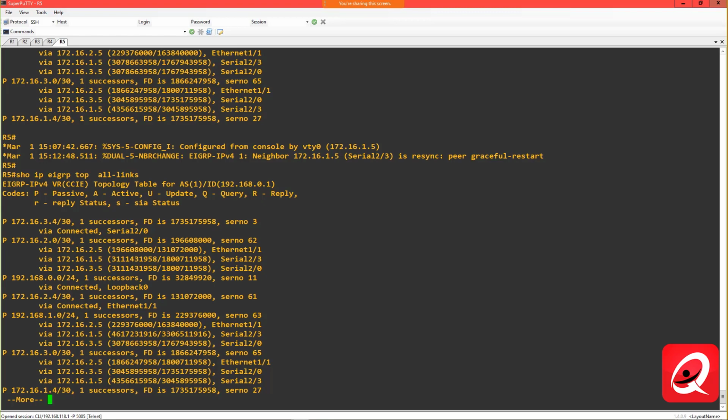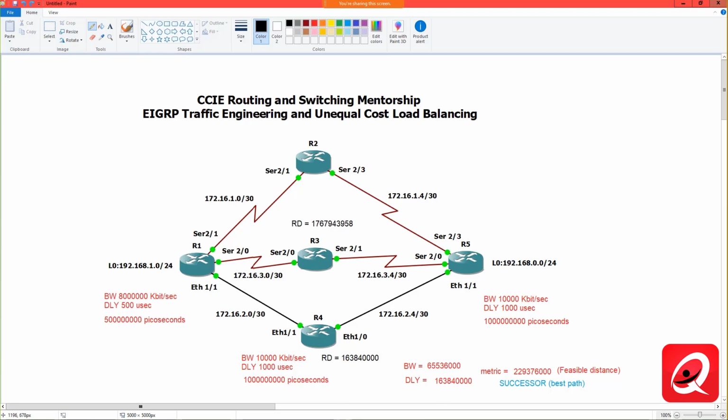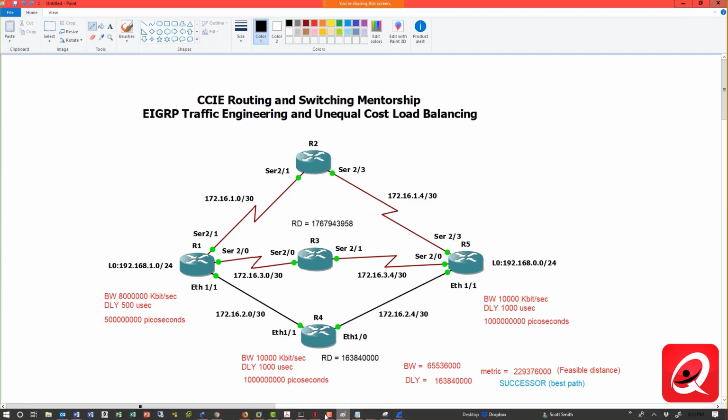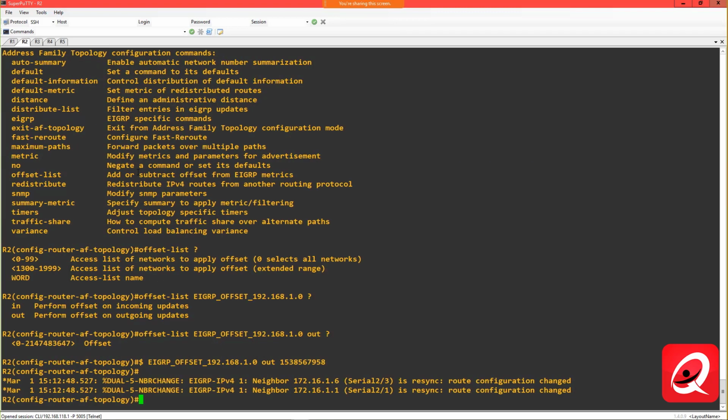You can see the reported distance went up, and of course the feasible distance goes up because the reported distance goes up. But if we're looking at our topology here, serial 2.3, so it did change it. It did modify it, and this is the number that we're trying to look at. But the number went up instead of down. So let's try it a different way.